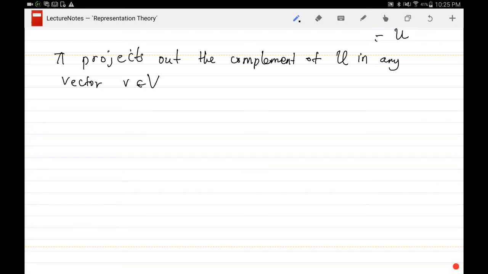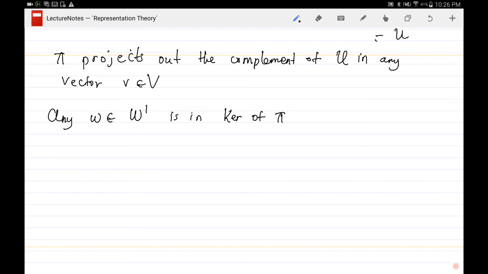We know that any vector w in W prime is in the kernel of pi. So now you see where we're going. We proved that the kernel of a representation homomorphism is again a sub-representation.